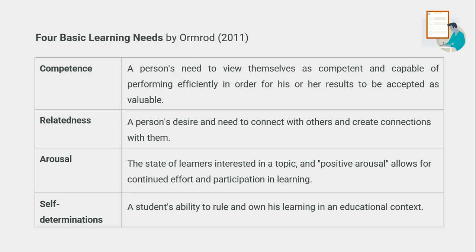So it means self-determination refers to a student's ability to rule and own his learning in an educational context. As a result, autonomy has been used for this study since it is appropriate for the present educational setting and research. And then there were studies conducted in the last decade to analyze the effect of online learning.